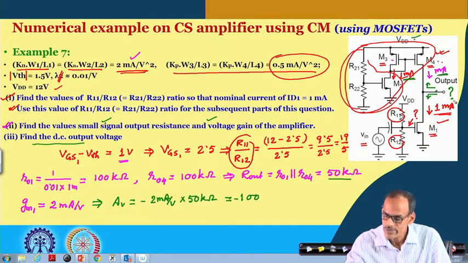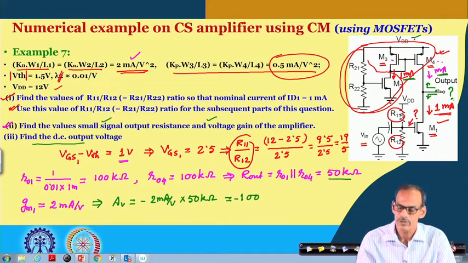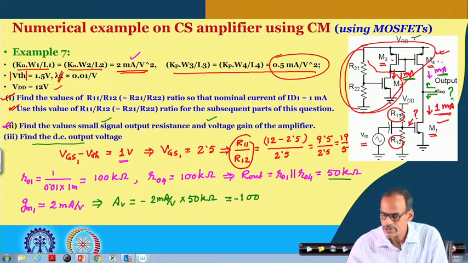To define this voltage precisely, we need to consider this 1 plus lambda VDS part. In fact, the current flow through this transistor and this transistor will be equal if their corresponding VDS are equal, right.